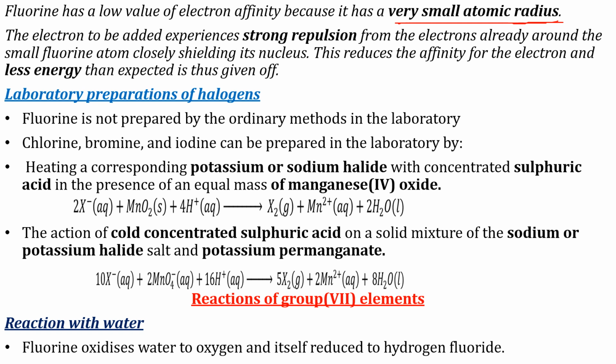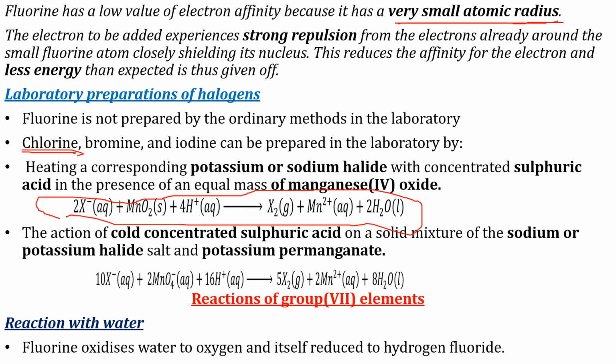Now, in your O-level, you looked at how we prepare chlorine, and that's the same experiment that we implement on the preparation of the others. That's why I was using general equations. In these general equations, X will represent chlorine, bromine, or iodine.